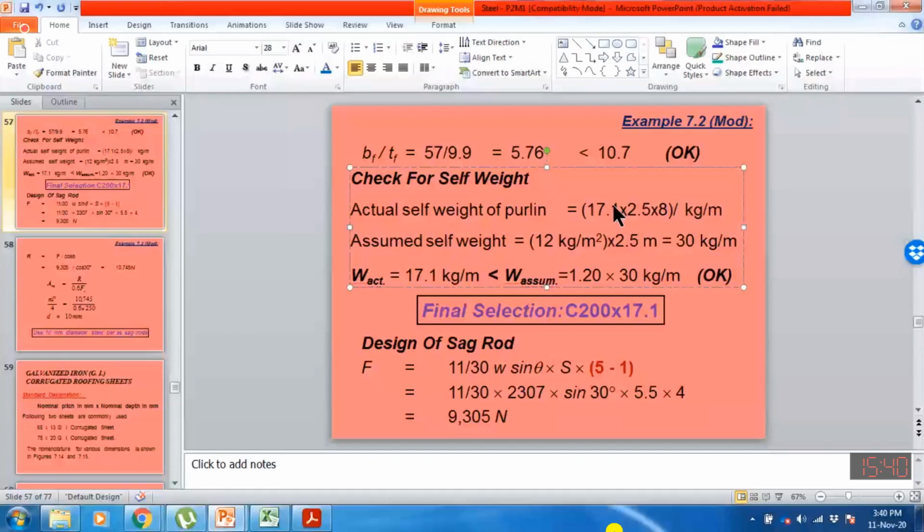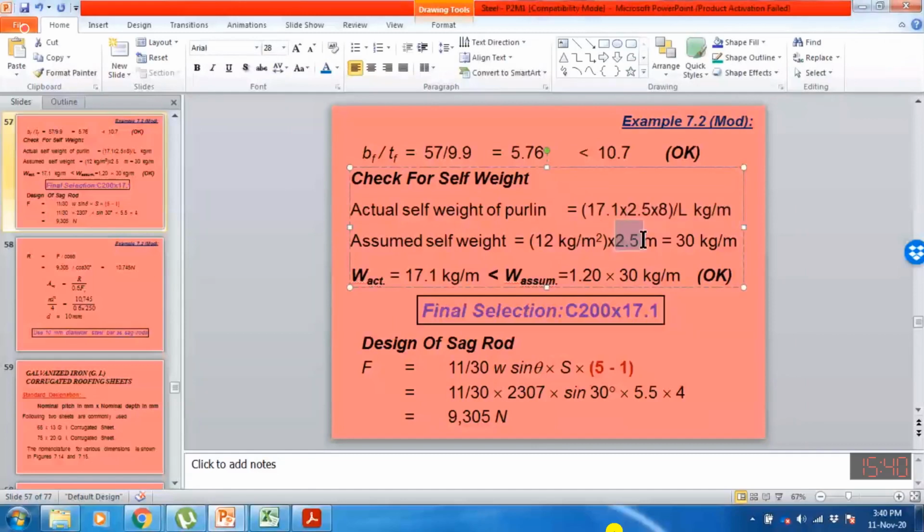So we need to compare this weight against the assumed, which is 12 kilogram. I will explain this again in the next lecture when we start. Or what you can do, you can convert the assumed purlin weight, which is 12 kilogram per meter square, into a UDL load by multiplying with the spacing of the purlin or the panel length, which is 30 kilogram.